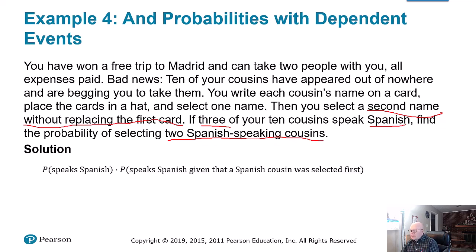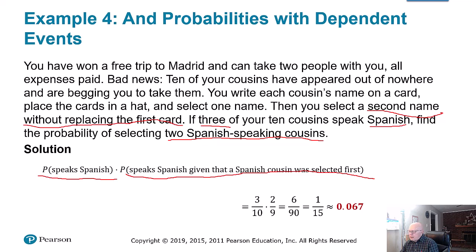So how do we do that? We want the probability to speak Spanish times the probability of the Spanish cousin was selected first.